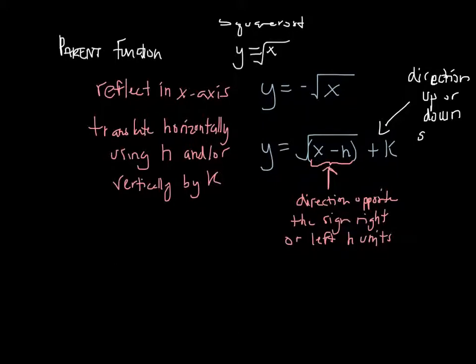So we say up or down in the same direction of the sign, with positive being up, k units, and if there were a negative there, we would go down k units vertically.